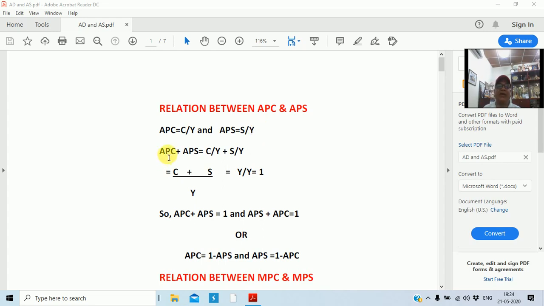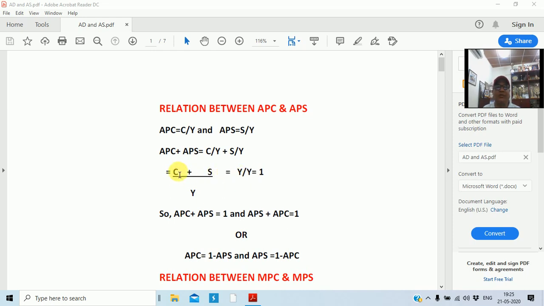Now if I write APC plus APS, what is the value of APC? C by Y, plus what is the value of APS? S by Y. If I take the LCM, what is common here? Y, and therefore what will come here? C plus S. What is C plus S? It is equal to income. Consumption plus saving is equal to income.